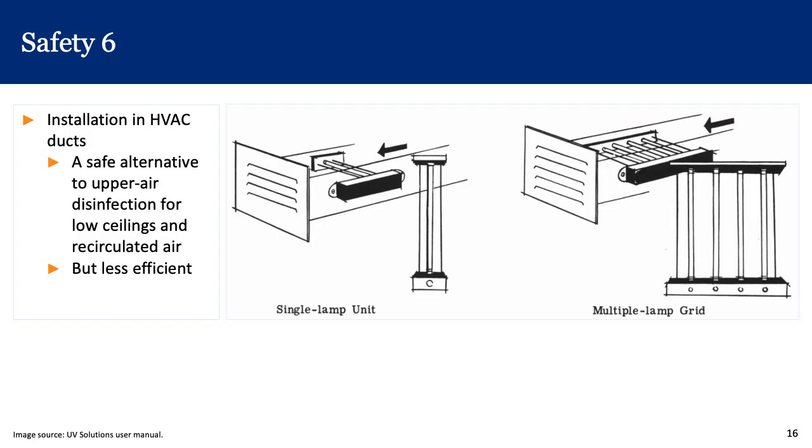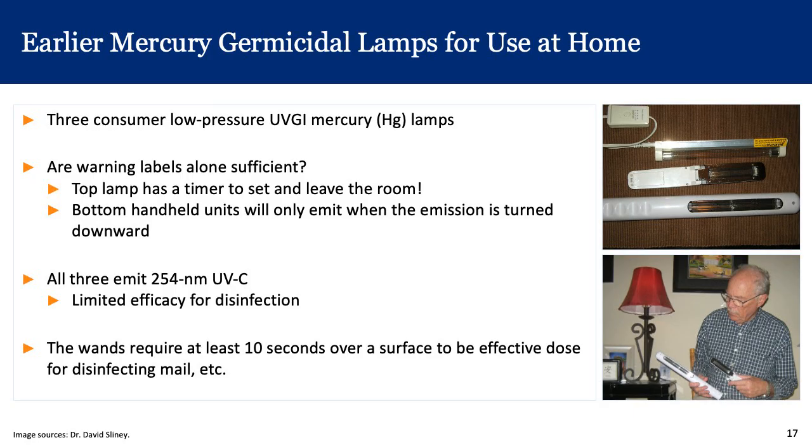or somebody's going to get injured. During the early days of the pandemic, there were a lot of online sales of handheld UV germicidal wands, and these were discouraged strongly by the FDA, Center for Devices and Radiological Health, and by other safety organizations because they weren't very effective to start with.